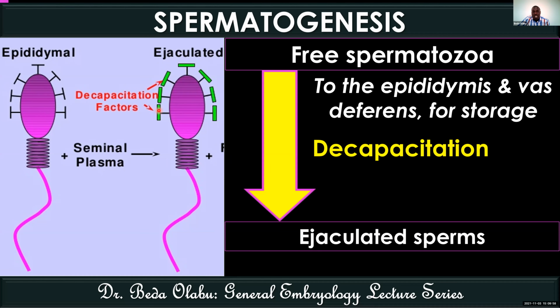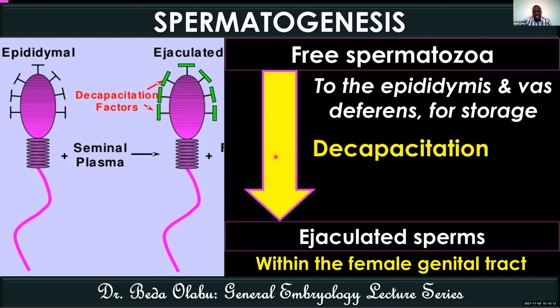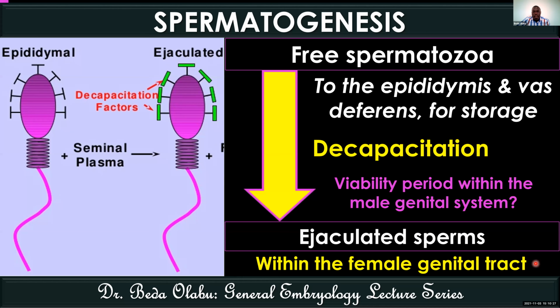One day, the sperms will be ejaculated. So the sperm that a man ejaculates is a sperm that has been decapacitated. Well, if they are ejaculated, hopefully in the right place, the sperms will be in the female genital tract. Before we proceed from there, how long do you think sperms can remain viable within the male reproductive system?